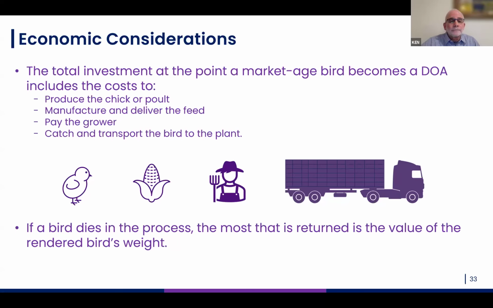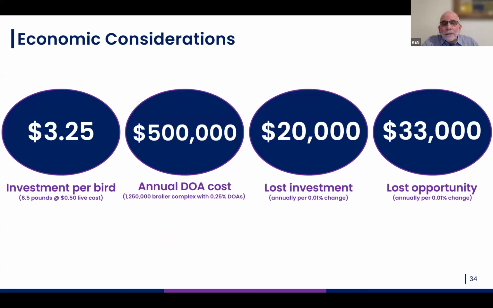of that broiler. So if we put numbers to it, if we consider a complex that targets 6.5 pound birds, we've got about a 50-cent live cost per pound, let's just say. So that's for every bird that we've raised, that's $3.25 in live cost.